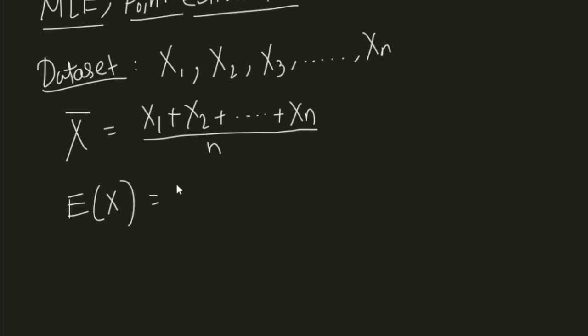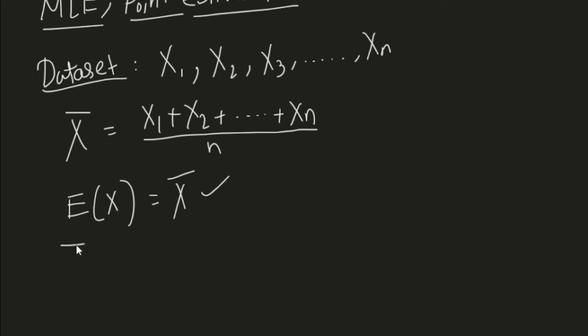average E of x, or the expectation of the data set, if the data set is continuous, maybe discrete here in this case, then it is basically equal to the sample mean, right? And this sample mean is the best estimator for the population mean.